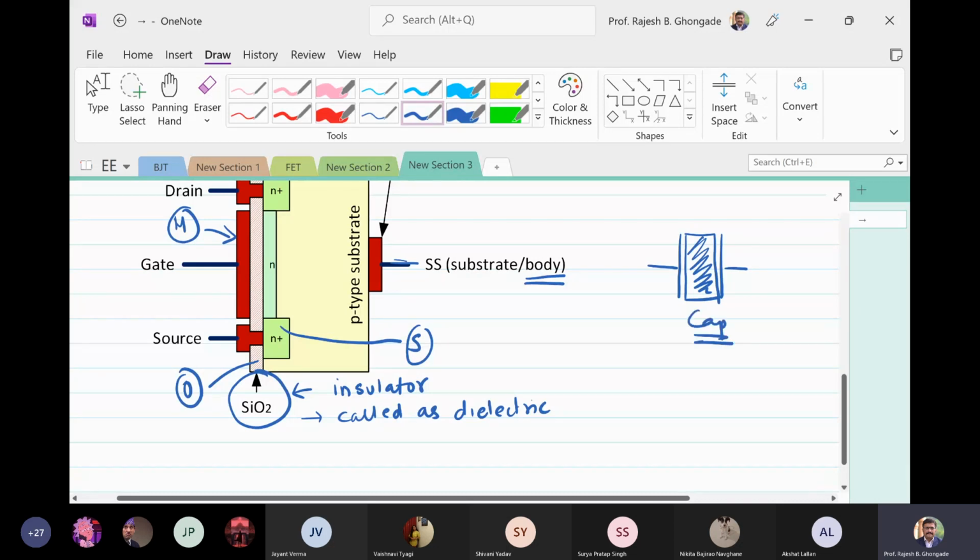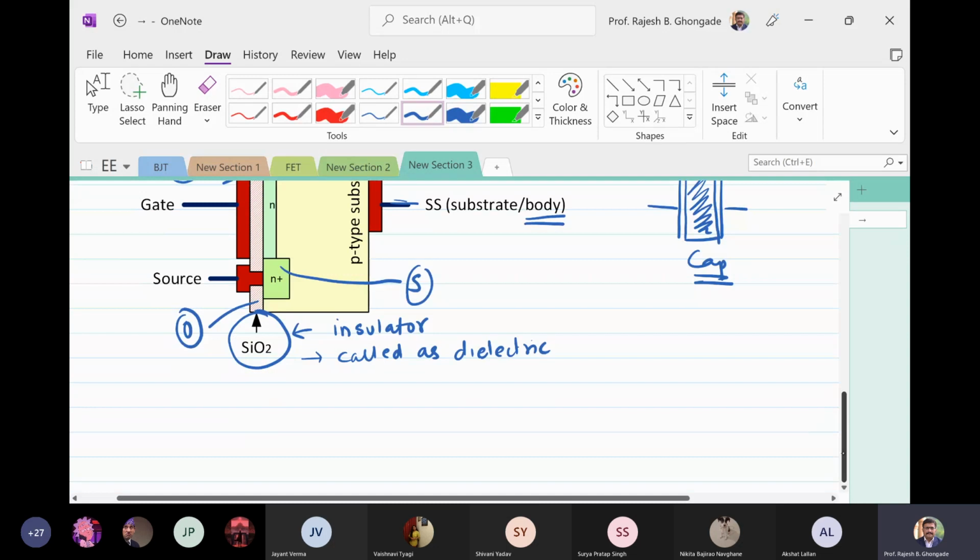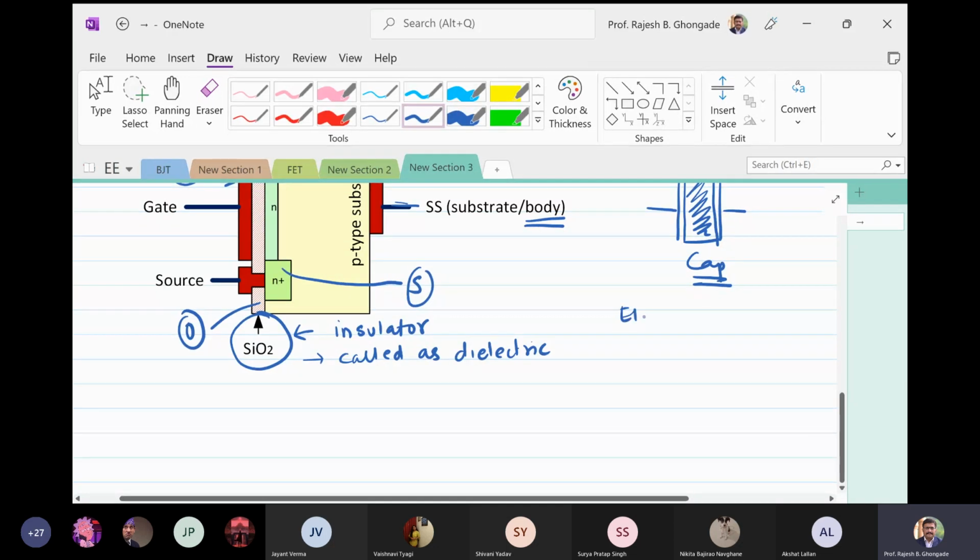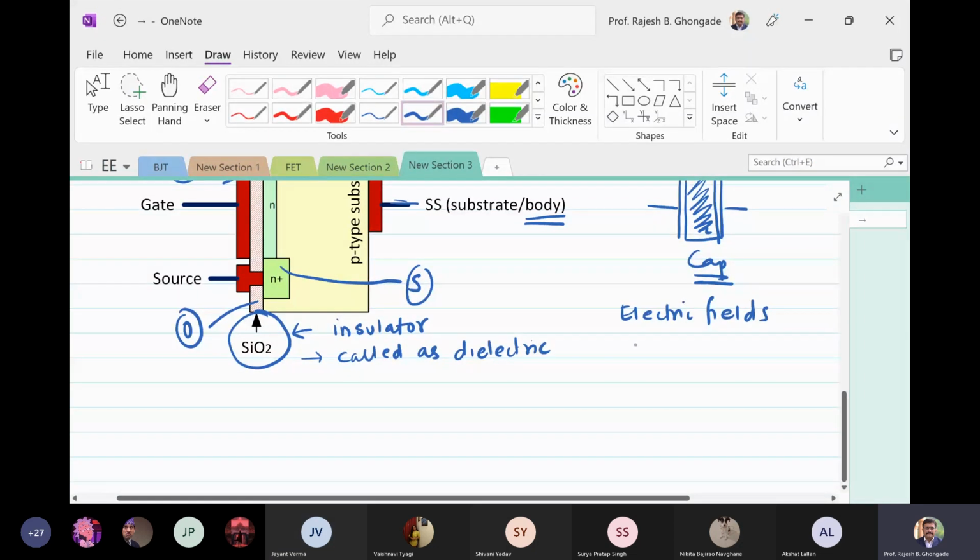So necessarily this also forms a capacitance: the gate, silicon dioxide, and this semiconductor. So you have some capacitance over there. And capacitance means what? We have the electric fields which are set up, isn't it? Do you remember the basic discussion that we had? Electric field is set up.